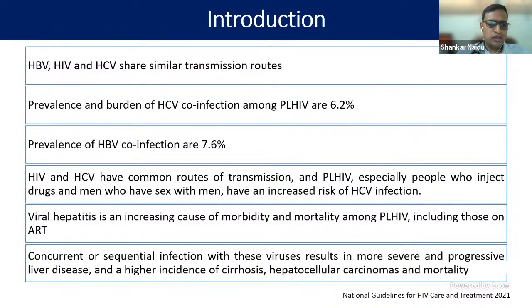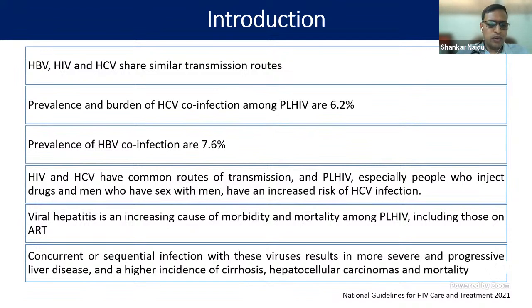As far as the prevalence of these co-infections is concerned, from India, it has been estimated that the HIV and hepatitis C co-infection is somewhere around 6.2%, whereas hepatitis B and HIV co-infection is about 1.6% among PL-HIV.